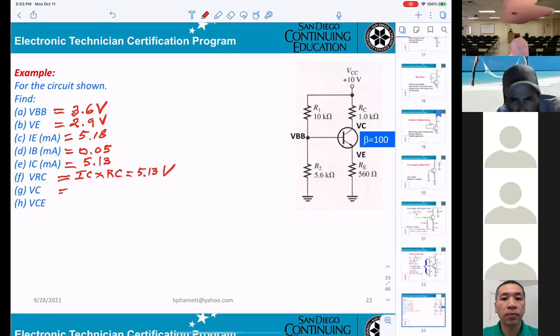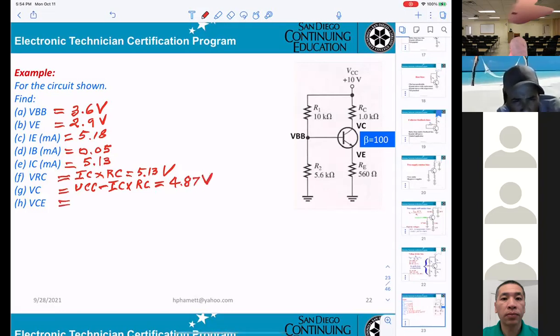VC equals VCC minus IC times RC. So 10 minus 5.13 is 4.87. 4.87 volt.